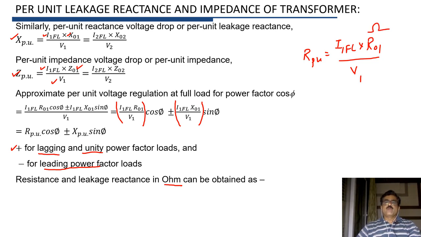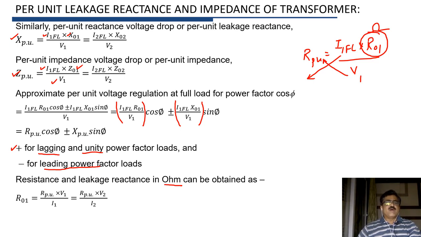So if you want to calculate R01, you have to multiply this RPU by V1 and divide it by I1 full load. So you can calculate R01 as RPU into V1 divided by I1.